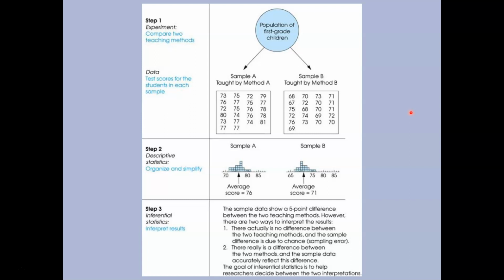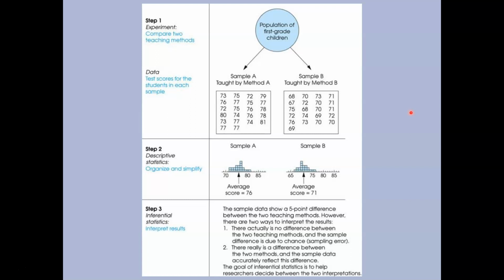I did not mention that sample A and sample B were similar when I described this example. What if kids in sample A are actually smarter than sample B? That's a sampling error.